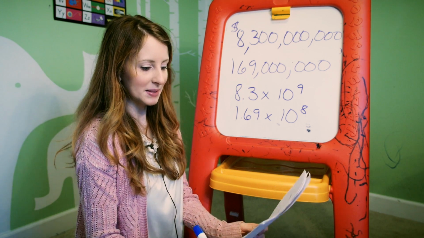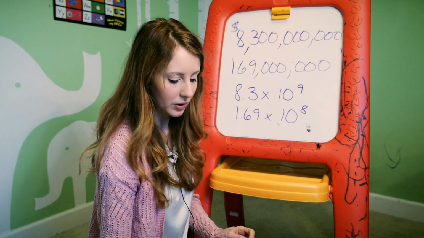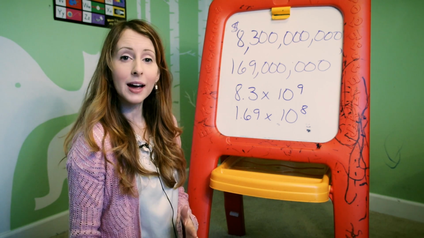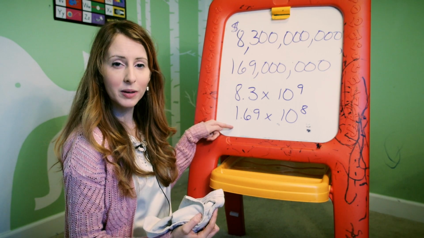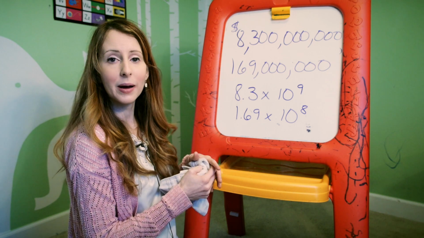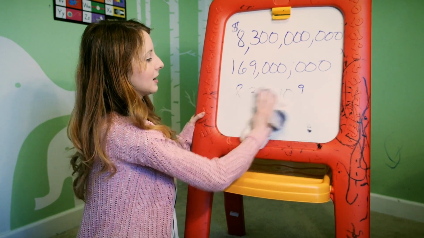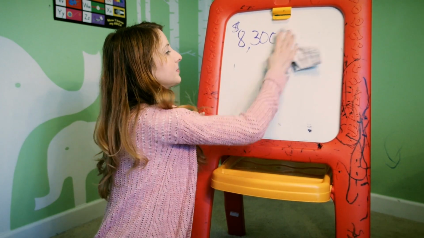Let's go to the next page, and we're going to learn how to multiply or divide numbers that are in scientific notation. So they're in this form. We need to either multiply them by each other or divide them. Two basic steps.